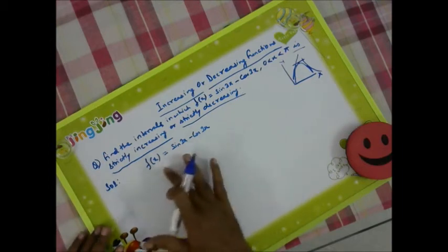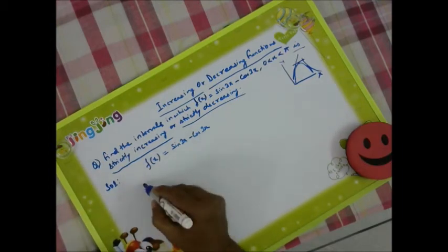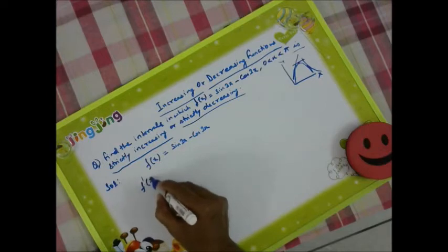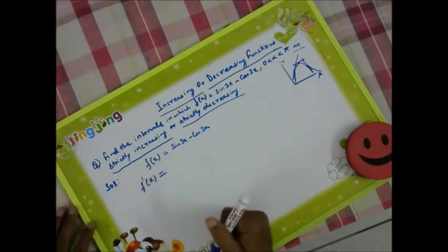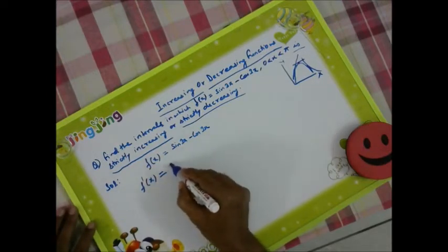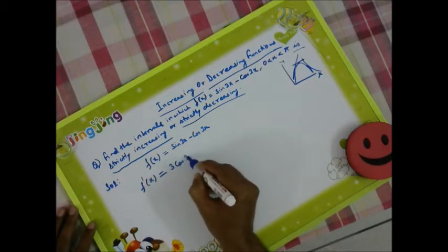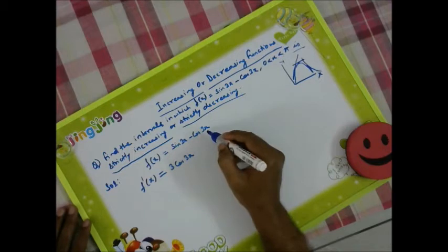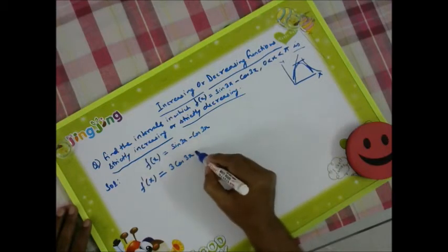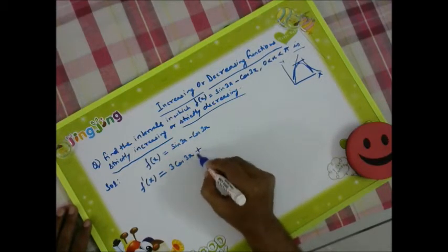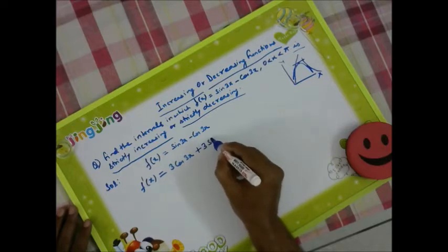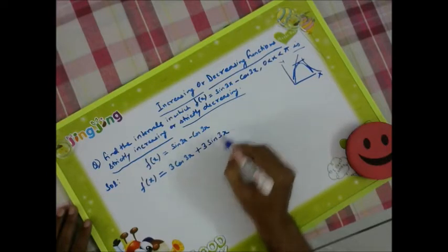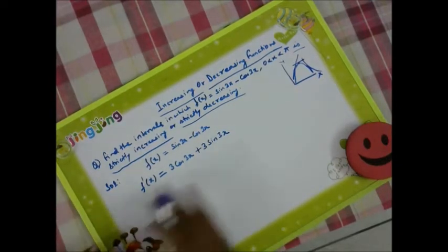We need to differentiate it. Differentiating, we get 3 cos 3x. Then the differentiation of cos x is minus sin x, so minus and minus make it plus 3 sin 3x. So this we have got.